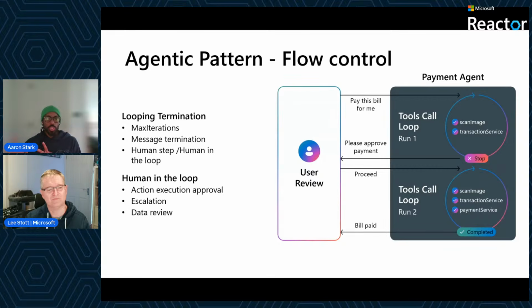This slide shows the payment agent again. You can see the two places where a human steps in: the user review checkpoint that decides whether to proceed or approve the payment, and the ability to escalate. And on the left-hand side, we have the loop termination. So, when does the agent stop: the max number of iterations, or the human step to exit the loop.